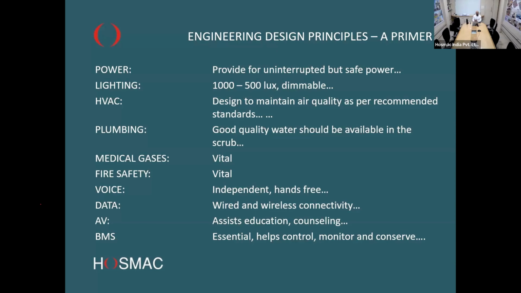Lighting that we speak of as a provision is something that we plan for at 1000 lux. Now, some of you might have a question: 1000 is a fairly intense, very bright light, so why do we need 1000? If you notice, subsequently we've written it has to be dimmable. The reason why you need 1000 is that when the surgeon's working under the operating light, we're talking about illumination that can go up to 160,000 lux per dome.